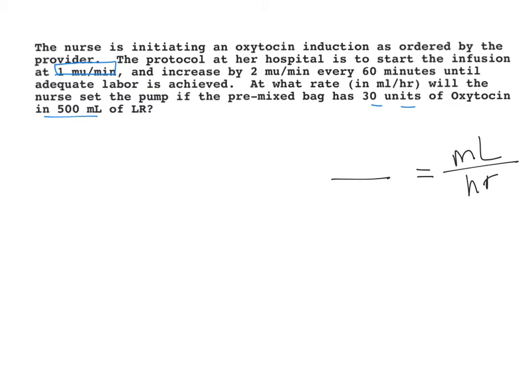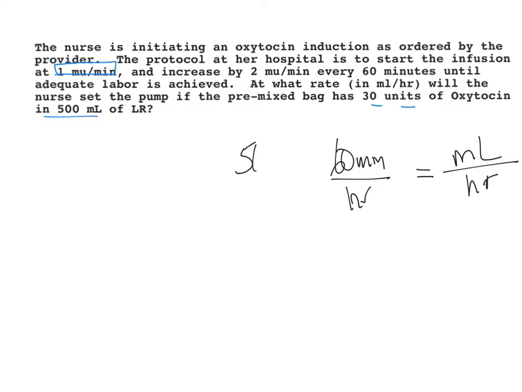Well, we know we have MUs and minutes and units and mLs. We want to get rid of these minutes because they're not in our answer. So keep the hour on the bottom and put 60 minutes up top. Okay? All right, we know we have mLs on the top.